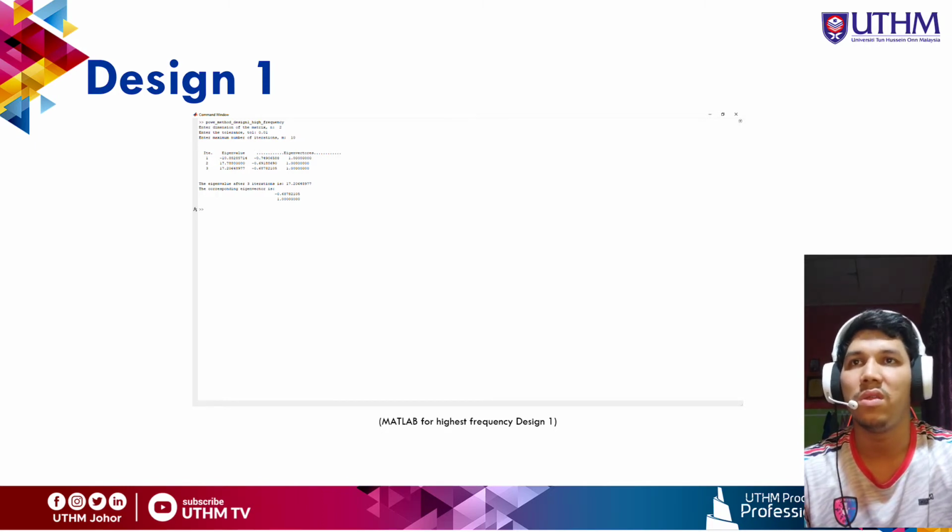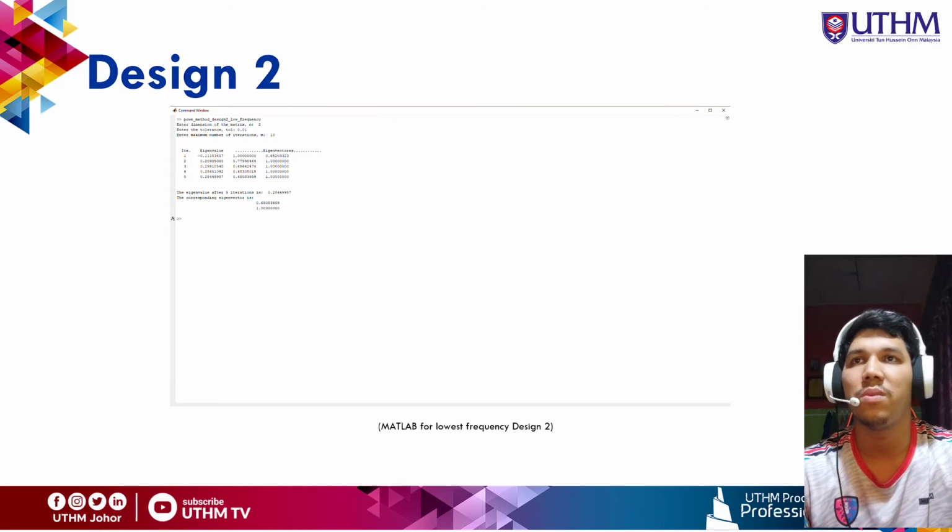The iteration for this design for high frequency is 3, and we got the eigenvalue 17.20648977.